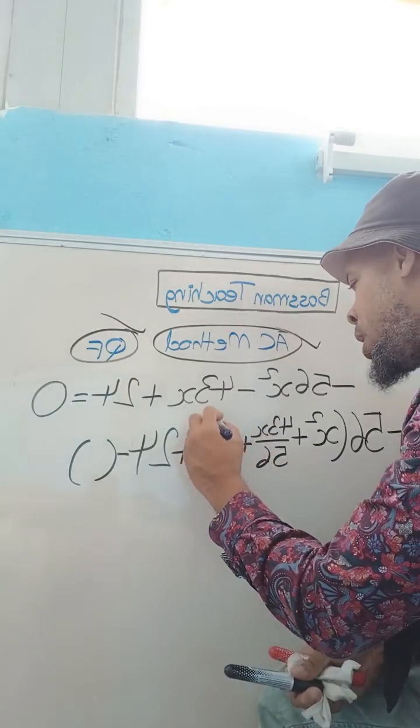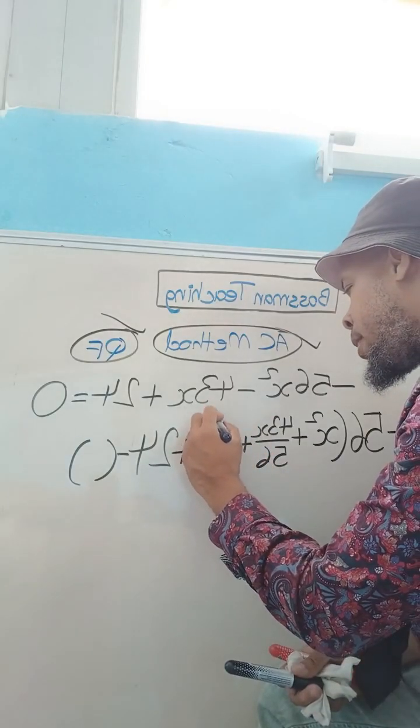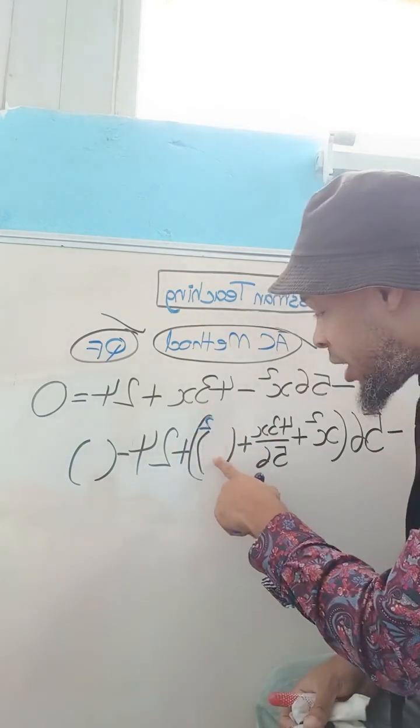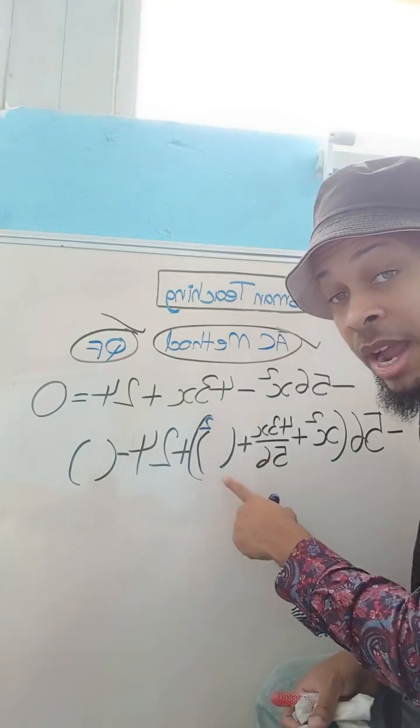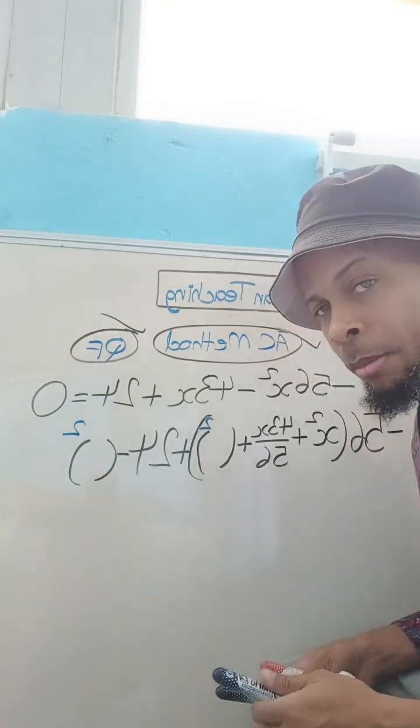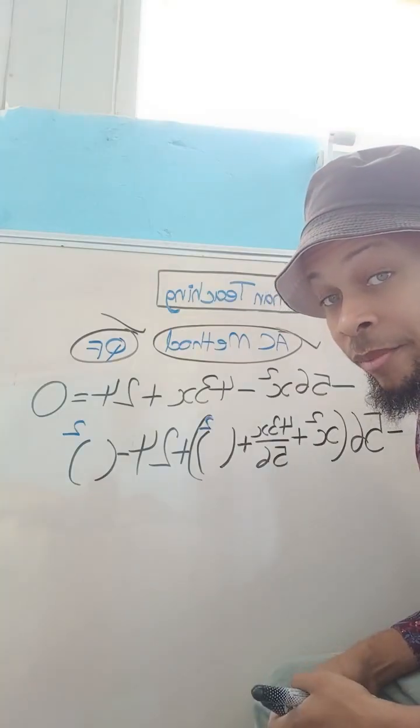If you have a positive blank squared, you need a negative blank squared as well.